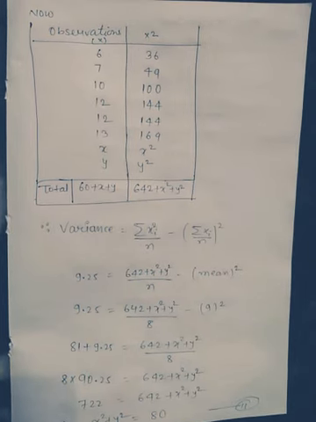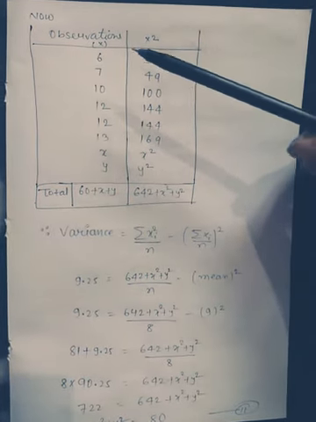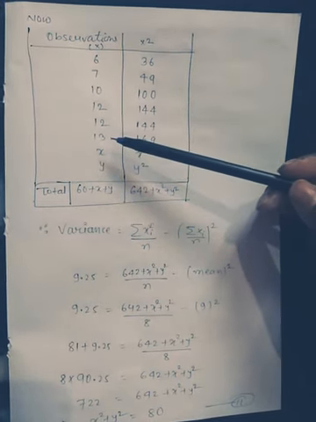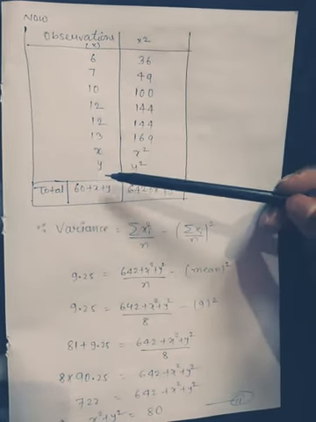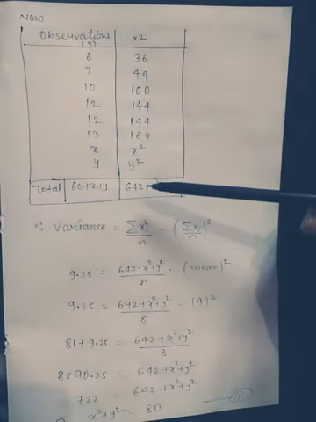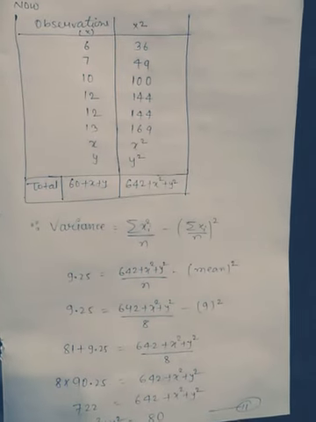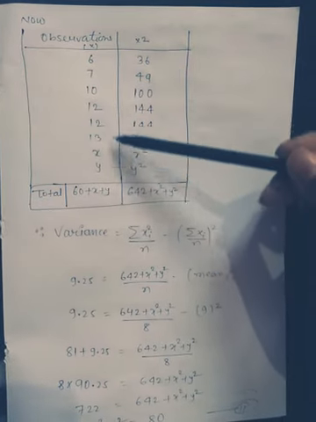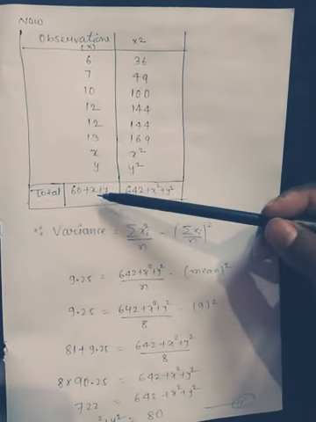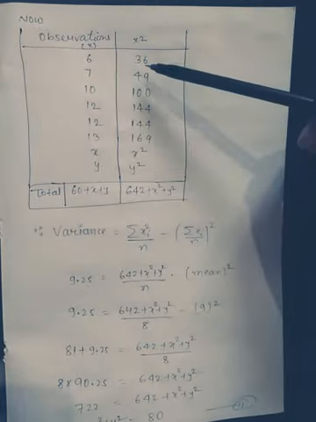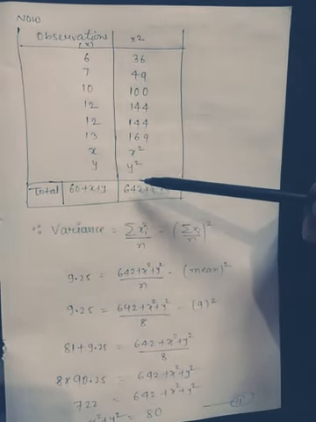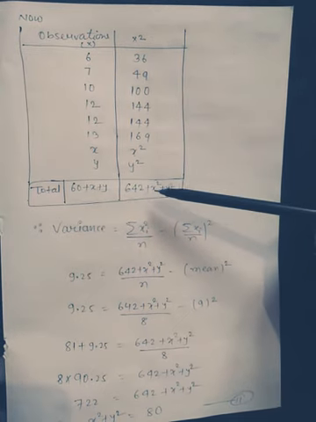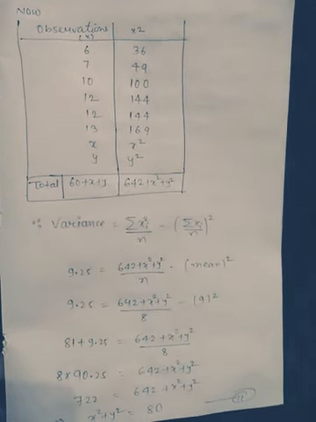Now the observations are 6, 7, 10, 12, 12, 13, x, y. So their squares, in total, after simplifying we get 642 plus x square plus y square.